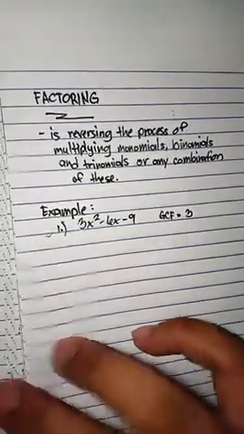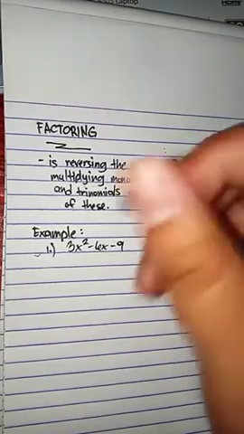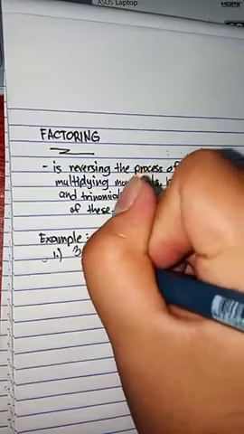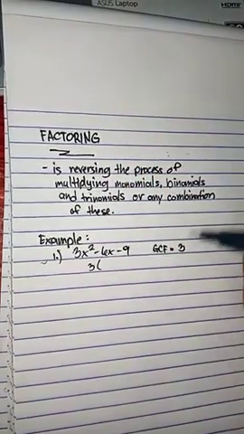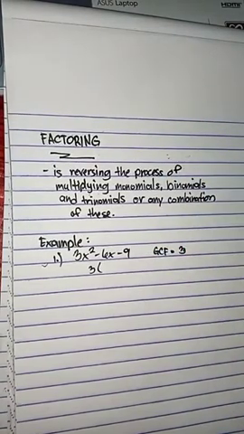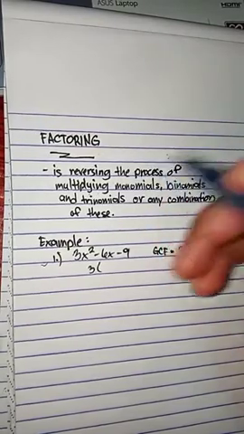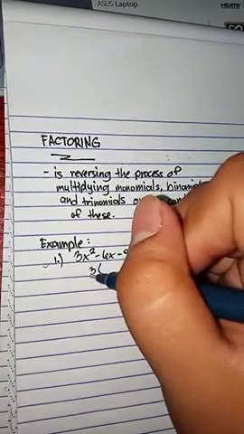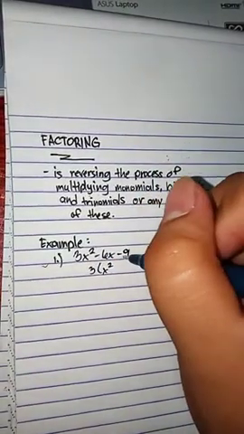Now we have here 3 quantity of, so we're going to divide the GCF into our given example. 3 divided by 3 is 1, so we have x squared.